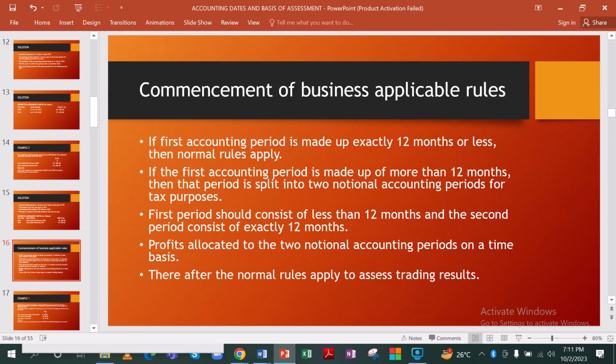Once you have split that in that fashion, you make sure that the profits are also allocated to the notional periods on a time basis. What do we mean by time basis? For instance, if you are looking at a period of 15 months, then you make sure the second notional period is exactly 12 months, which leaves the first period with 3 months.